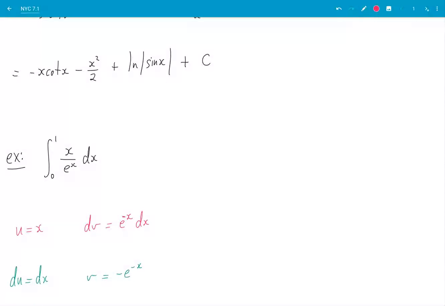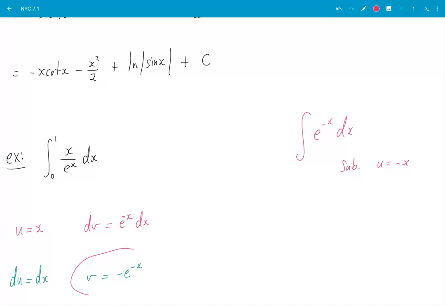Straightforward here. Right here, what did I do? If I'm doing the integral of e to the negative x dx, I would do substitution u is equal to negative x. That's probably the easiest way. So you should do that right now.